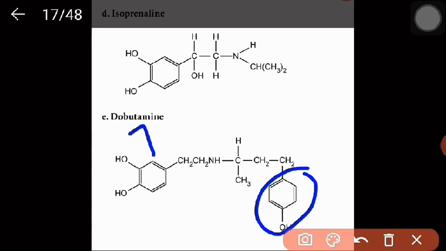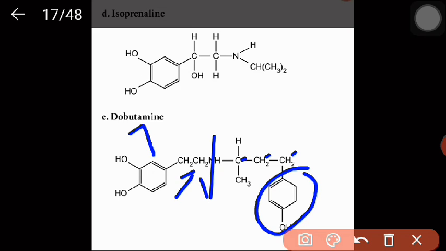So this is the propyl moiety, 3 carbon, and we have the methyl substitution and that amino group, and finally we have the ethyl substitution along with the catechol.